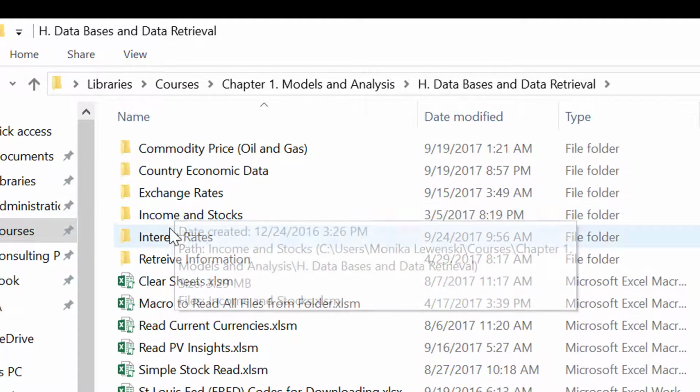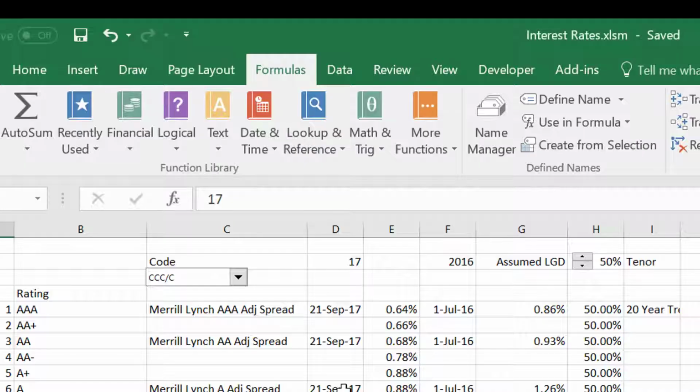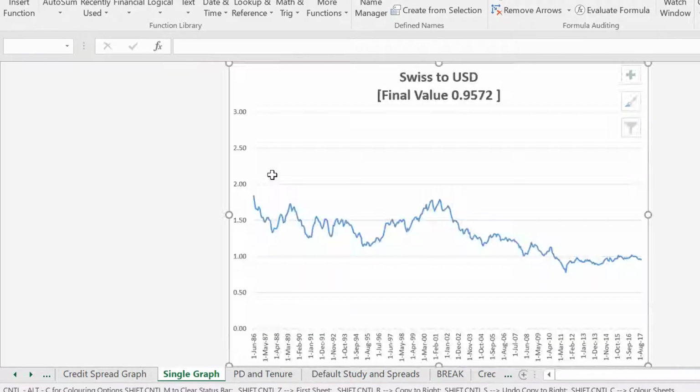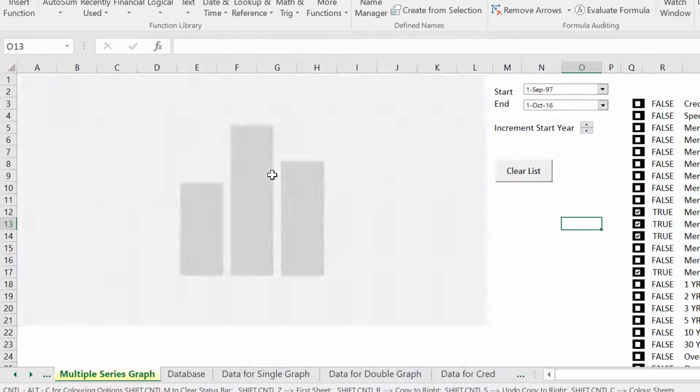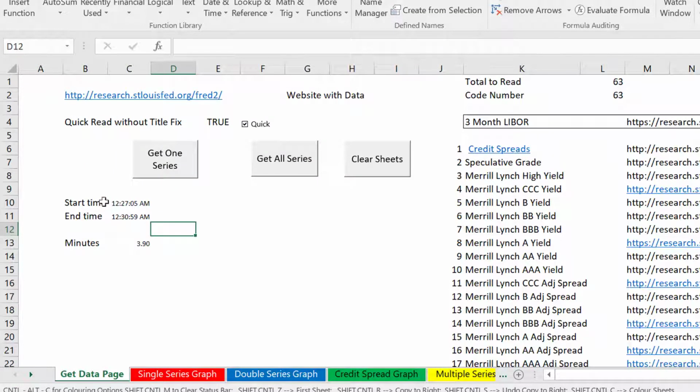Nobody seems to care because you may all have Bloomberg or whatever, and I have this one called interest rates, and in this interest rates, I adjusted it. I put the default probabilities in here from Standard & Poor's, but I also did some work on it here. And I showed you how long it takes to download. This took 3 minutes to download all this stuff.